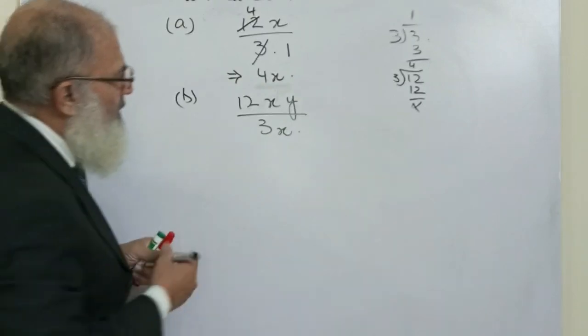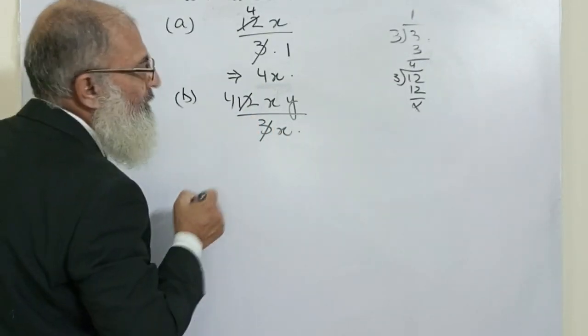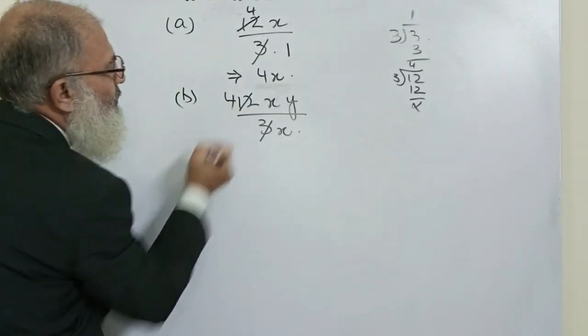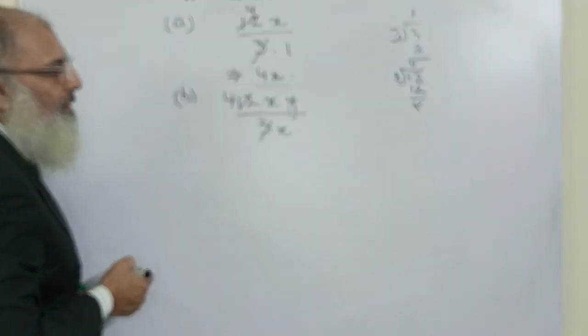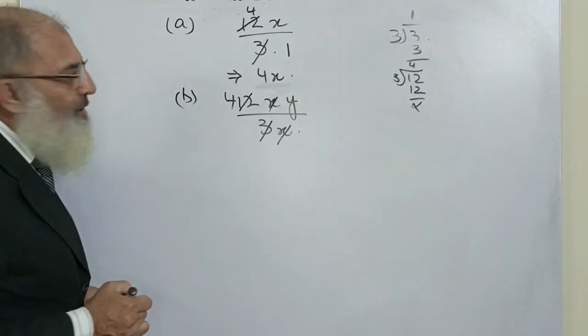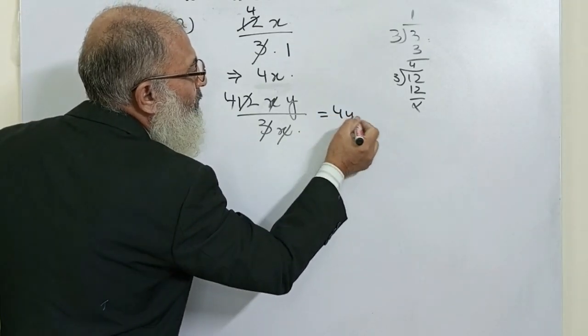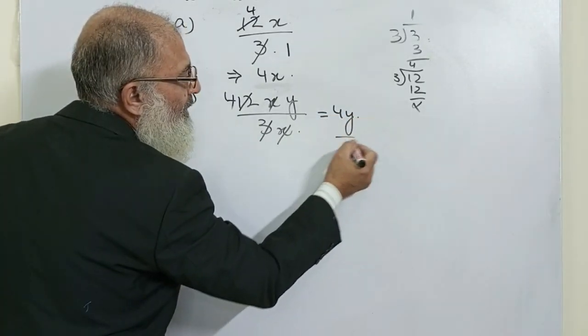So just do it like this: 3 4 times 12, and x cancels x. So what will be the answer over here? 4y divided by 1 again.